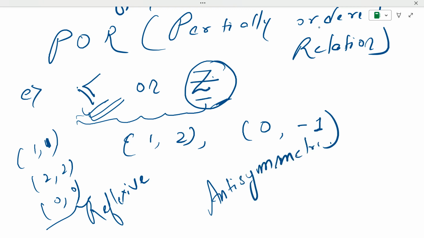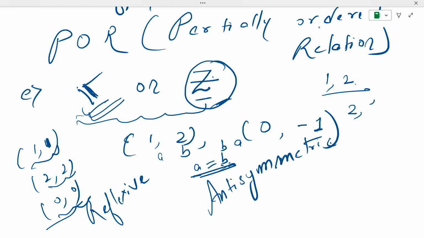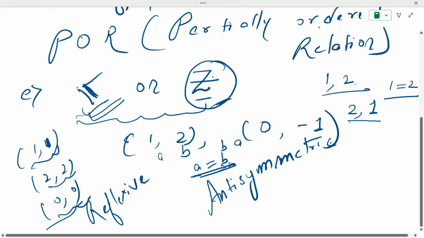Antisymmetric means that if (A,B) is present and (B,A) is also present, then A has to be equal to B. If we are defining this less than or equal to sign, then either both will be equal, or if something is less than something, like if we have (1,2), can we have (2,1)? No. If we had both (1,2) and (2,1), then 1 would have to equal 2, but that is the condition of antisymmetric.